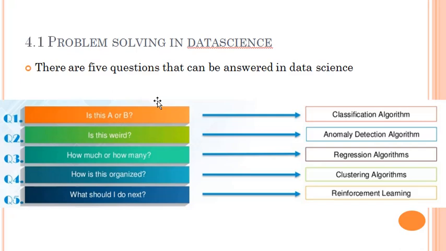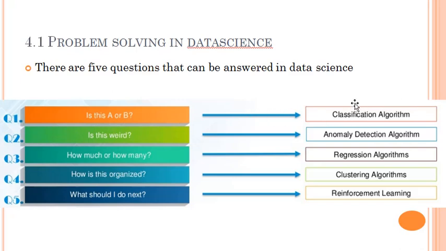If A and B belong to 2 different categories or classes, and each class has certain examples or instances, then in question number 1, my target is to classify the input patterns or input instances into either A or B. So A and B can be 2 different classes, and my interest is to classify the instances into either A or B, right? This is question number 1, which is related to a classification algorithm.